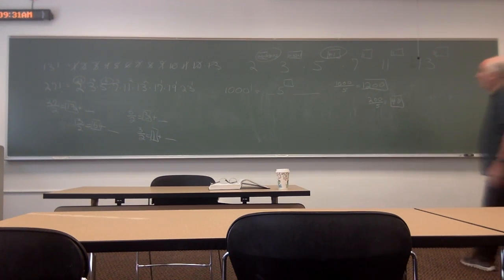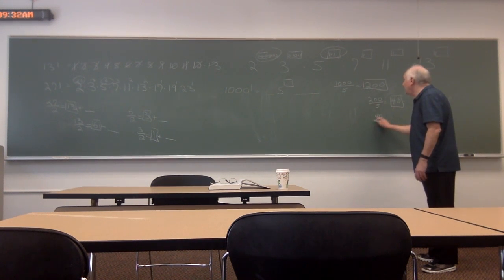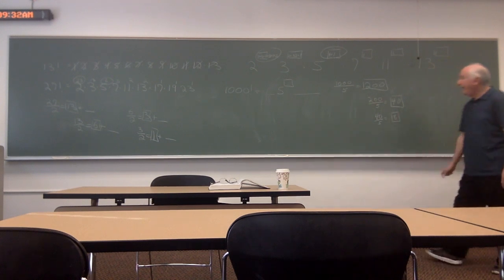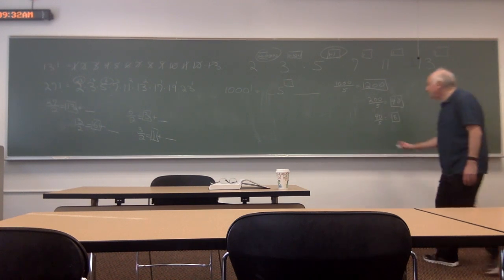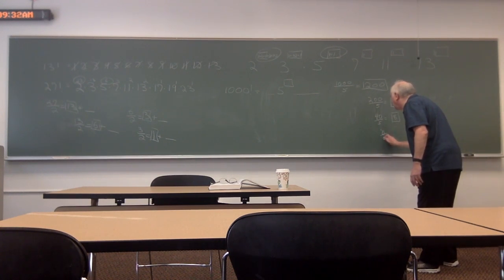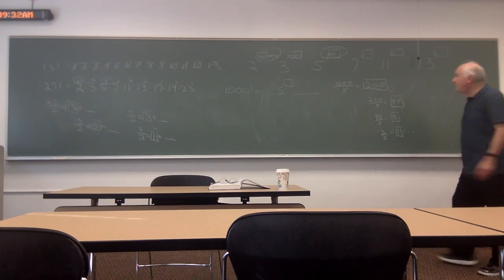But of these 40, how many of these were multiples of 5 cubed? Just 8 of them. Well, of these 8, how many of them were multiples of 5 to the 4th? Just 1 of them, again, plus stuff.